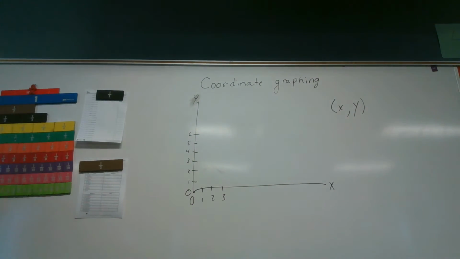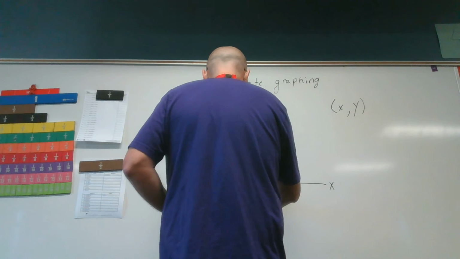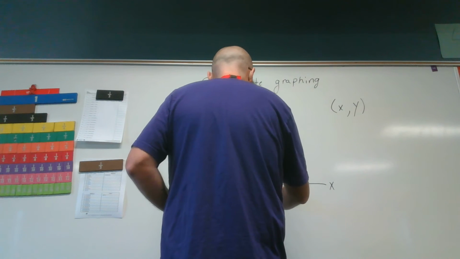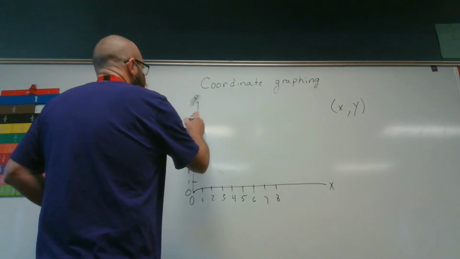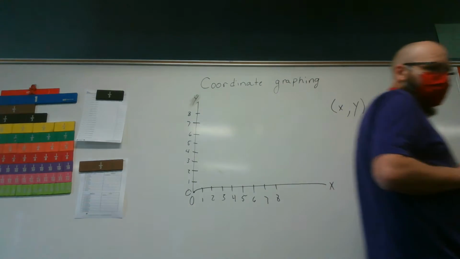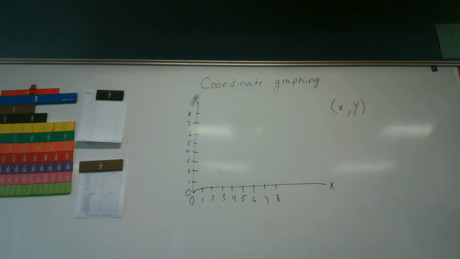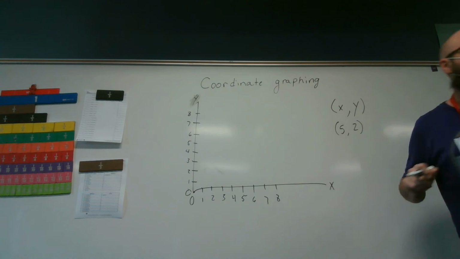You always start with the number on the x-axis. So if I said for you to go, let's take this out a little bit longer, and let's go 7, 8. And if I gave you these coordinates, and it said 5, 2.